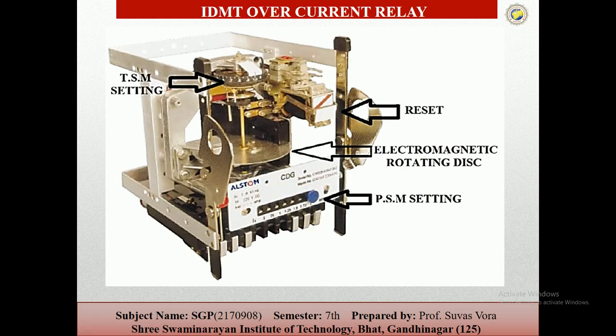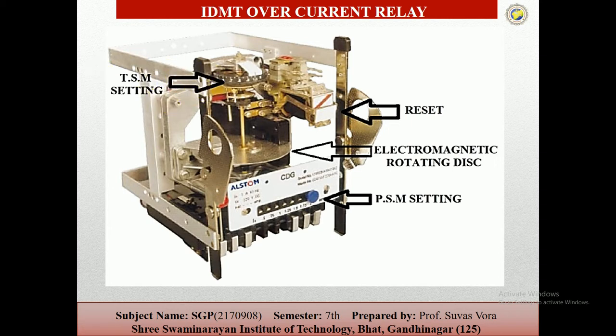So if we change the number of active turns of any coil, the requirement of the current to reach the minimum pickup value of the deflecting force in the coil also changes. If I change the plug setting, then the time setting will also change accordingly.